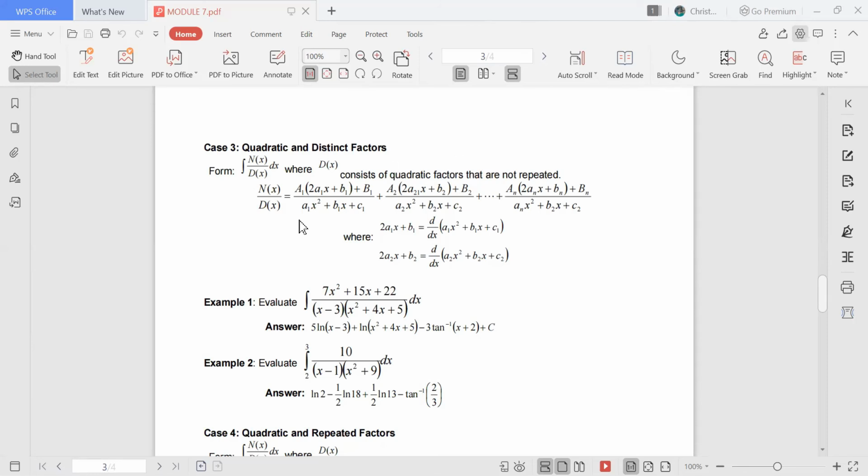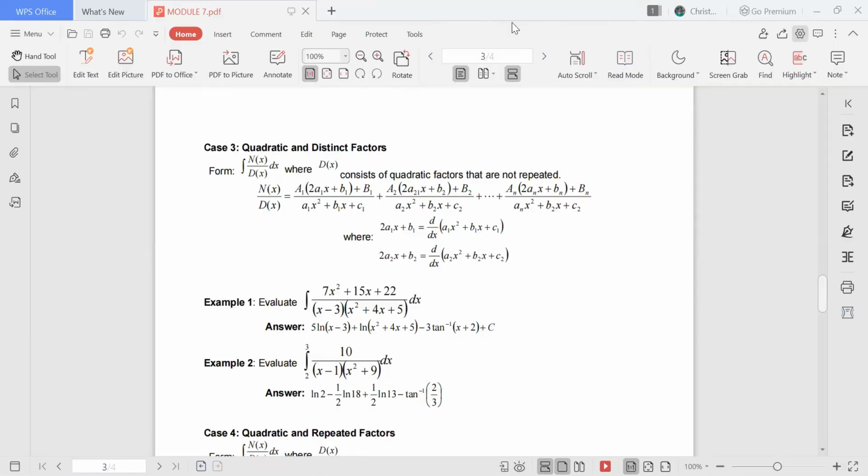Yung d, syempre, kailangan yung kunin ang factors ng denominator. Up to a sub n multiply by 2a sub n x plus b sub n. So, magkakaroon ka, halimbawa, a plus b, c plus d. Kung tatlo man yan, e plus f. Okay, e times the derivative over the other factor.